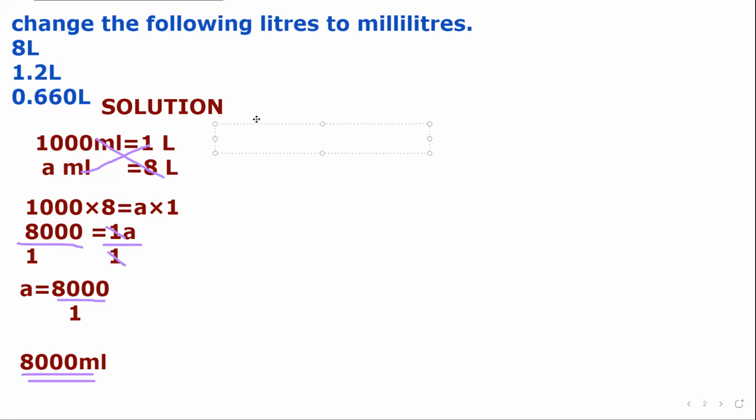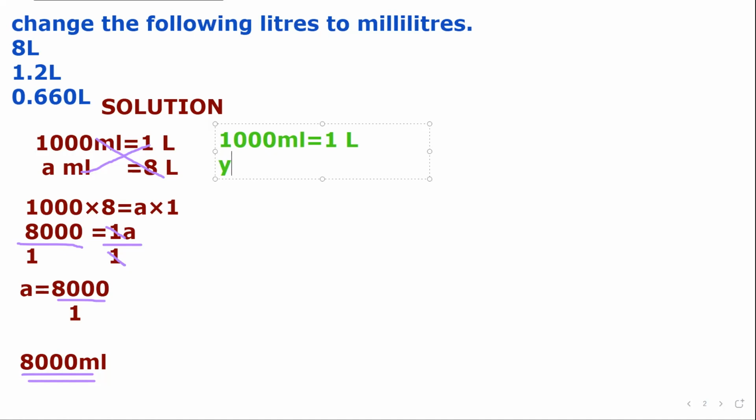We still have the 1,000 milliliters is equal to 1 liter. Then because you want to find the 1.2 liters, it means we don't know the milliliters. So you can put any letter to represent that. So you can choose the Y.